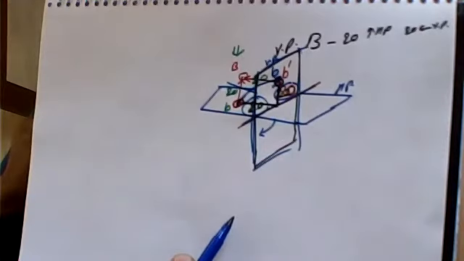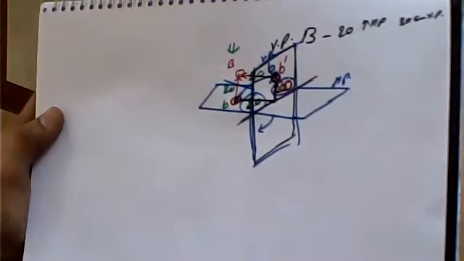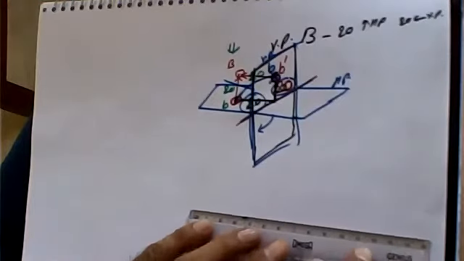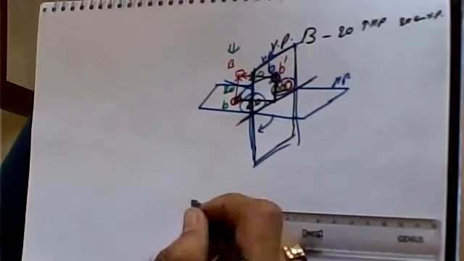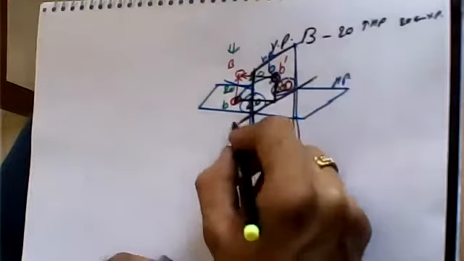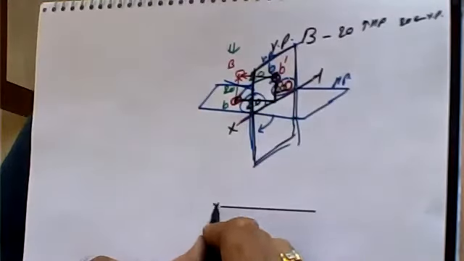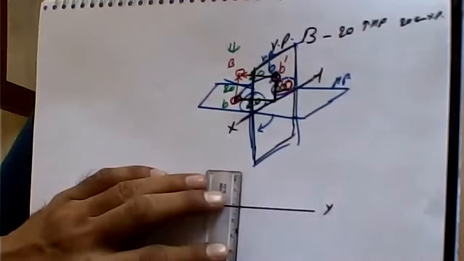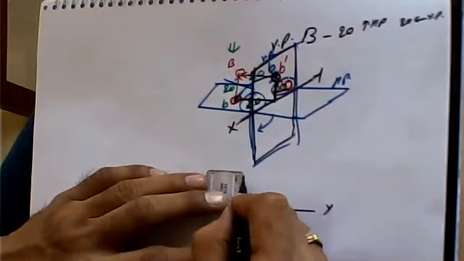So B and B dash would be available above the reference in the same region, same zone. Why is it so? Because the point is in the second quadrant. And how to draft that one? Let us take a reference line over here as XY. We are aware that point B and B dash are both at 20 mm.